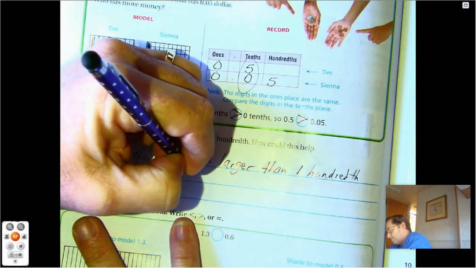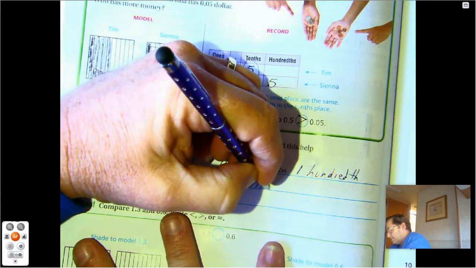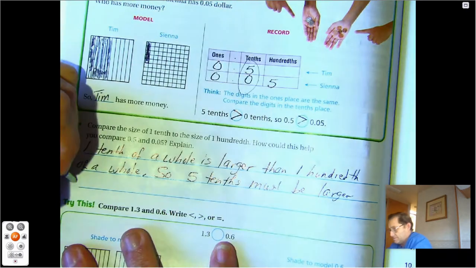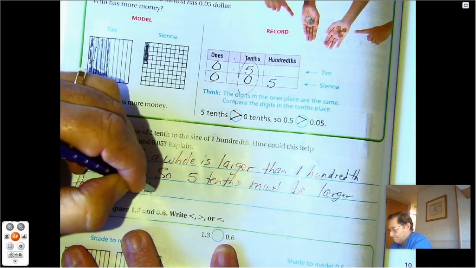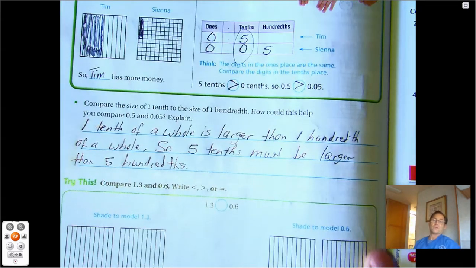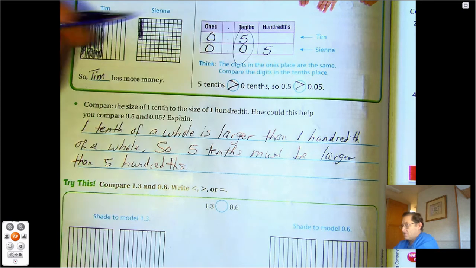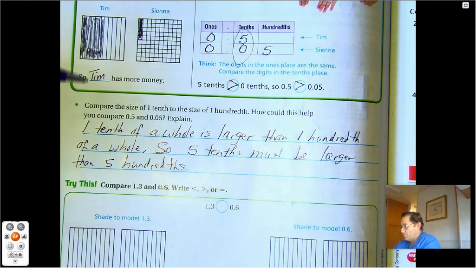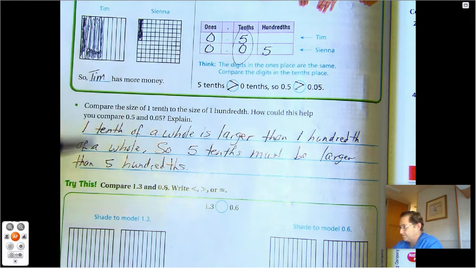So 5/10 must be larger than 5/100. 1/10 is larger than 1/100. So 5/10 must be larger than 5/100.